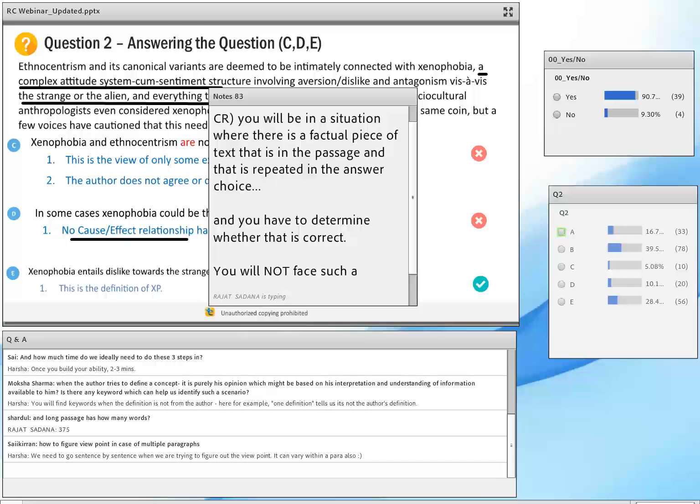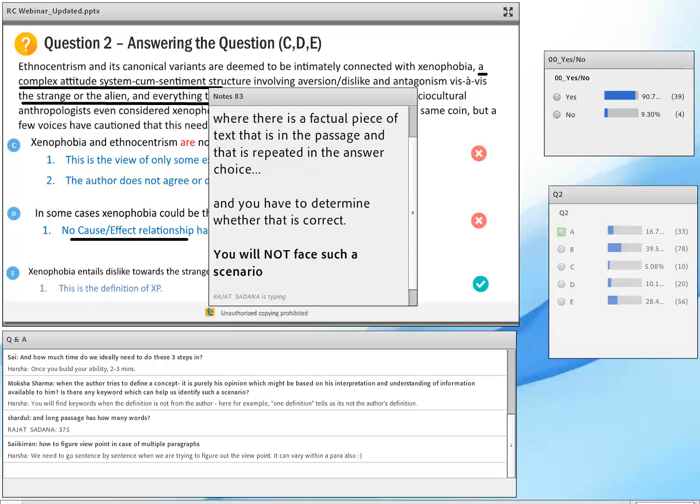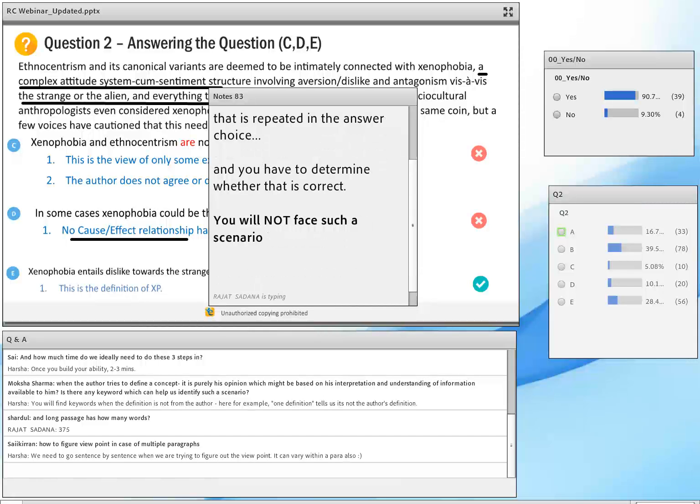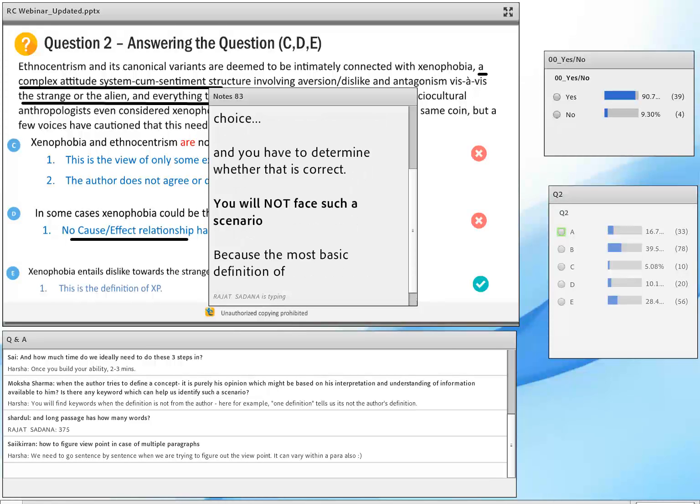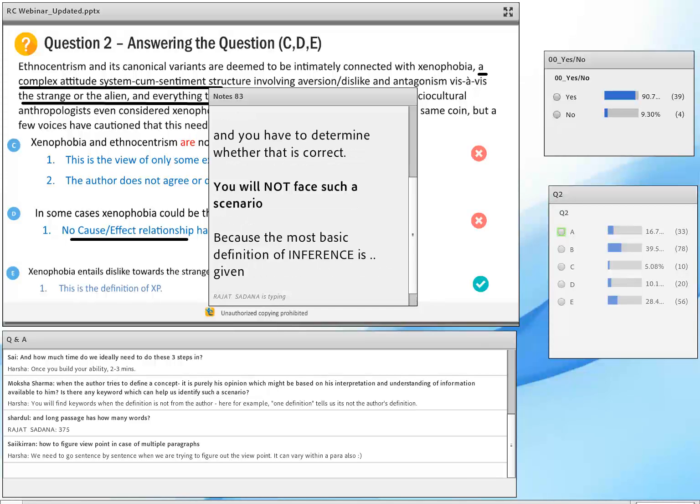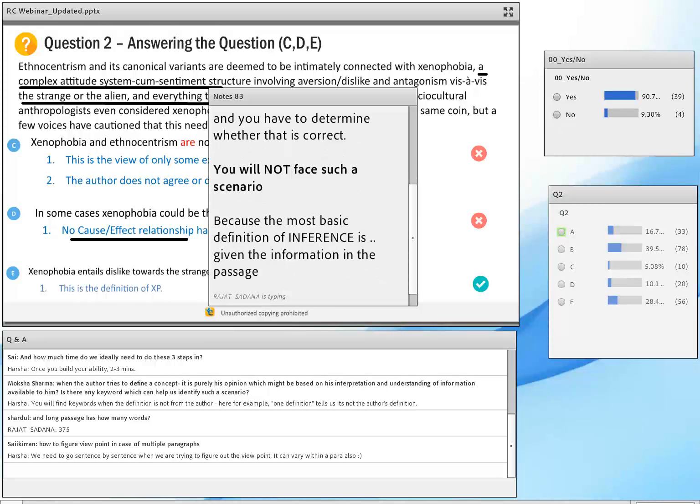It just hasn't happened, because the core definition of inference is, given the information in the passage, what must be true.